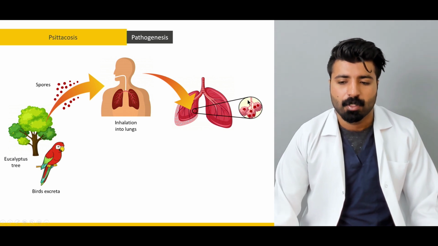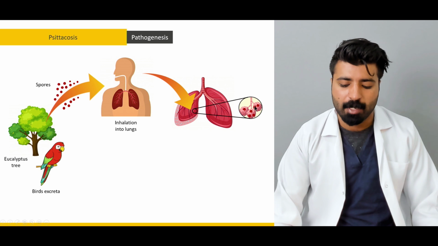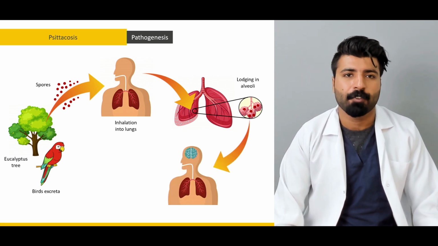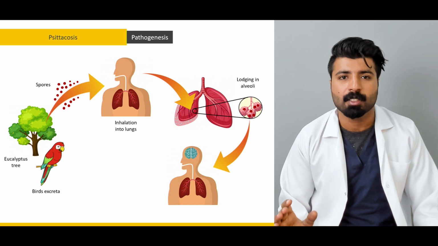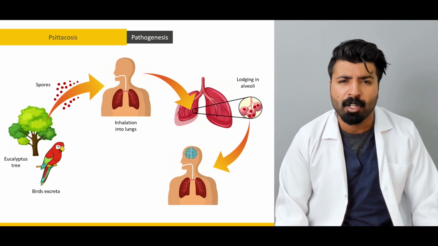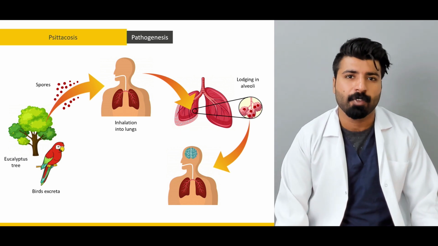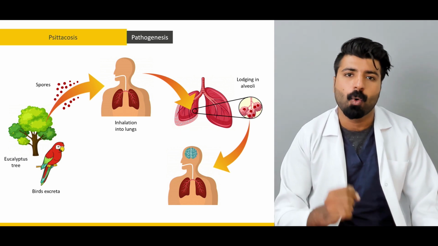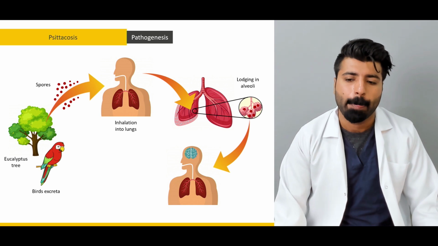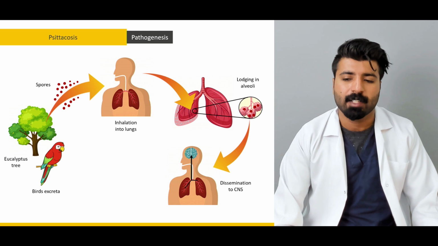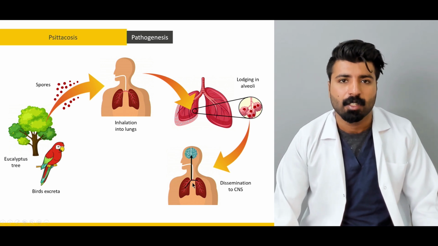It will lead to the alveolar level and contaminate it. So lodging will happen in the alveoli. It will not happen in the bronchioles, in the bronchi, in the nose, or in the pharynx. It will go directly to the alveolar level. At the alveolar level, when the lodging has happened, it disseminates into the blood.